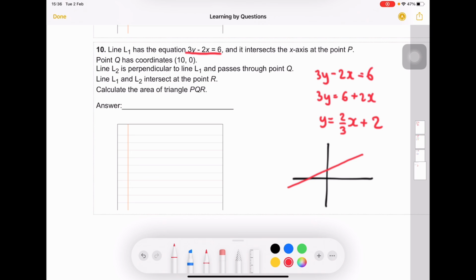It intersects the x-axis at point P. Point Q has coordinates 10, 0. Say this is Q. P.